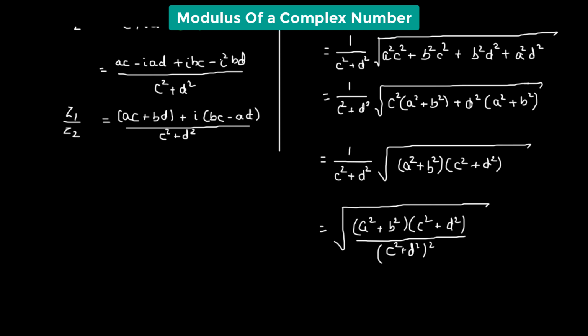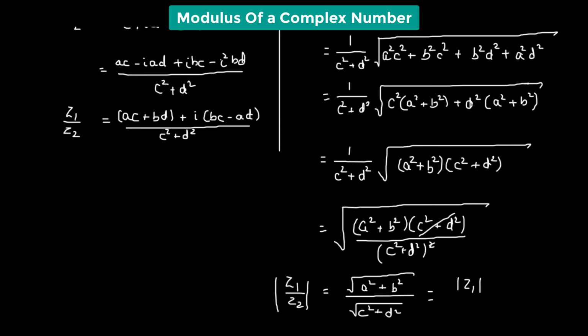This is done so that we can factor out c squared plus d squared from the numerator and denominator, and that finally leaves us with the square root of a squared plus b squared divided by the square root of c squared plus d squared. So this is the absolute value of z1 over z2. Now we know that the square root of a squared plus b squared is simply the absolute value of z1 divided by the absolute value of z2. So this is the required proof.